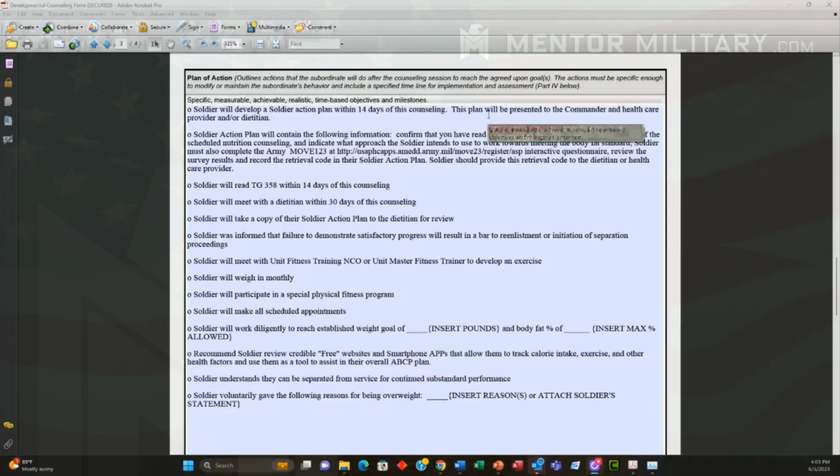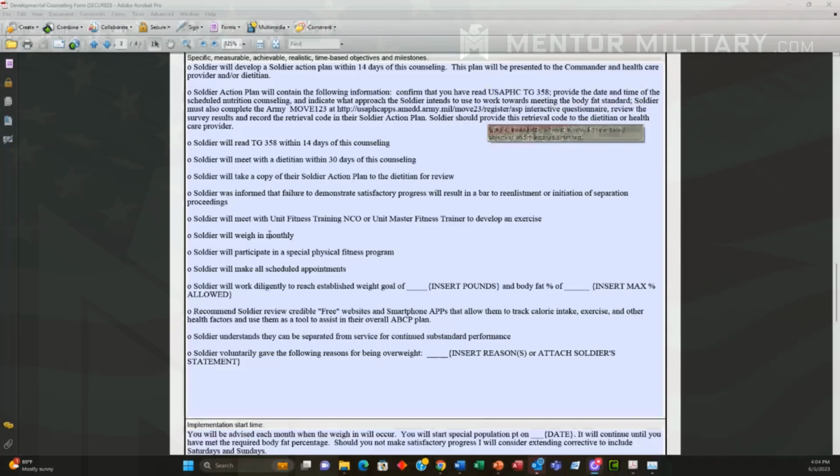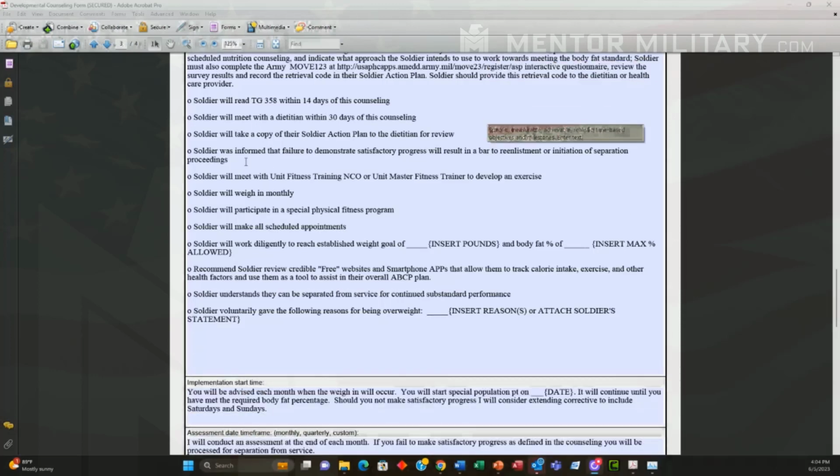Now, plan of action. Basically the same thing we've had in our old counseling statements. They have to do their 14-day. Here's their action plan. They have to read this pamphlet. They have to see the dietitian, and they have to do a soldier action plan. They were informed about failure to meet satisfactory progress. They got to meet with the unit training fitness NCO or master fitness trainer to develop an exercise plan.